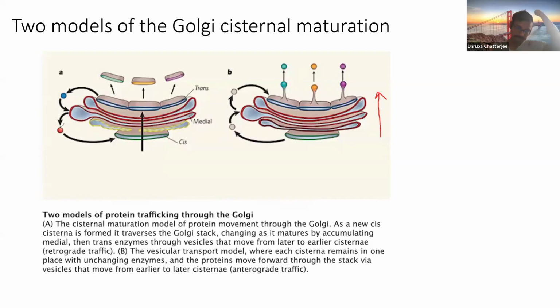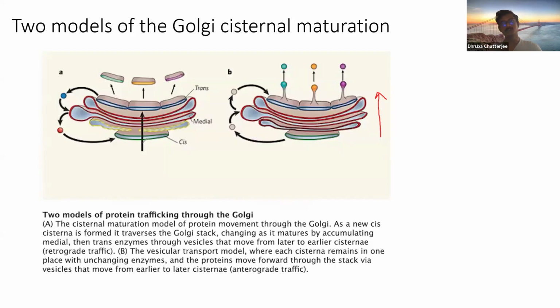And what happens is that the Golgi system continuously moves from the perinuclear region towards the plasma membrane, and some of these Golgi enzymes, which are very characteristic of the cis Golgi or medial Golgi or trans Golgi, are brought back by vesicles budding out from the trans Golgi and medial Golgi.